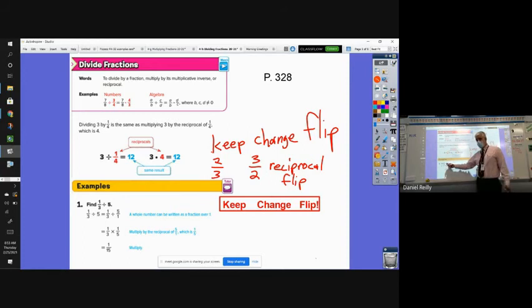If it's not a fraction, you have to make it one. So 5 is the same as 5/1. So 1/3 divided by 5 is the same as 1/3 times 1/5.